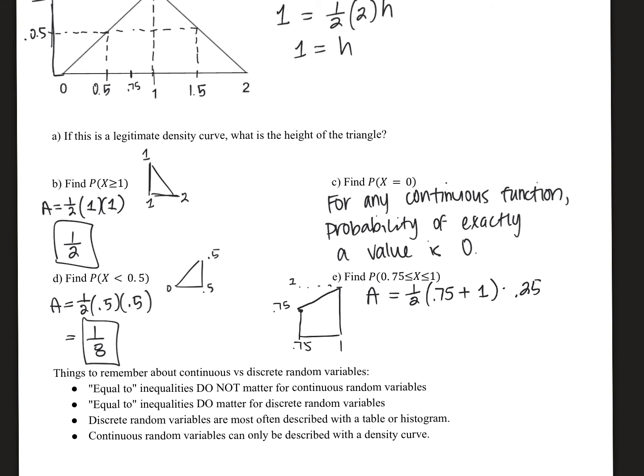So a little bit different than the last problems where our height was always whatever the height we were looking at was. So 0.75 plus 1 is 1.75 times 0.5 times 0.25, which is going to give us 7/32.